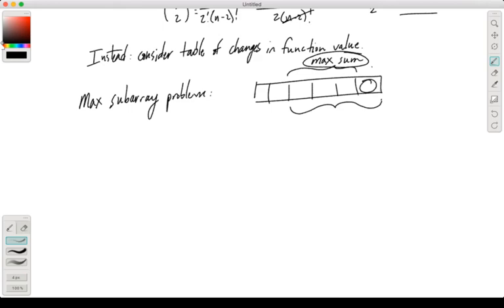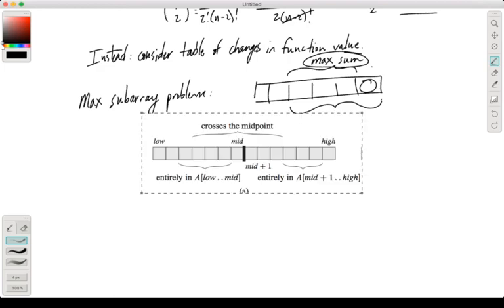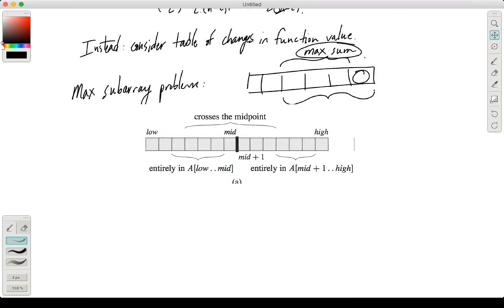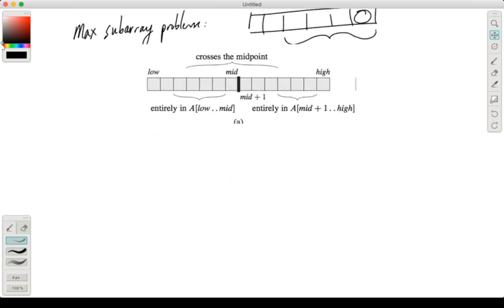The approach we're going to take is the following. This figure shows what we're going to do.